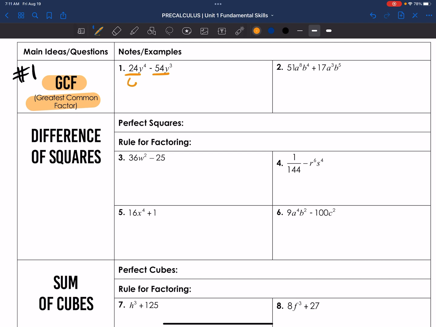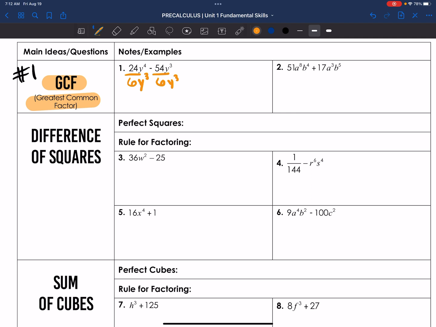And ladies and gentlemen, that is 6. 6 is the largest number that can divide into 24, and 6 is the largest number that can divide into that negative 54. And then we also ask ourselves, how many y's could I divide out evenly from both of those terms? And the most that we could divide out of both would be to divide out 3. If we divide out 3, then here is our result.